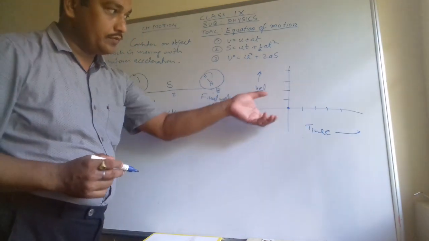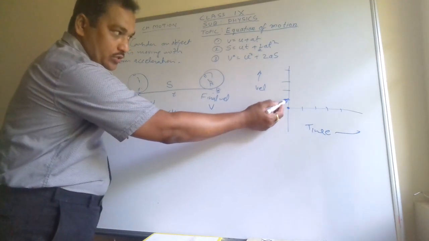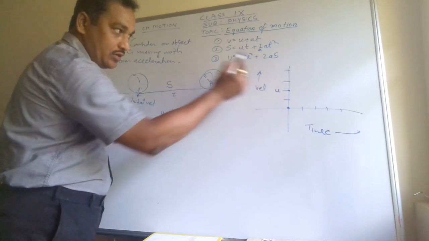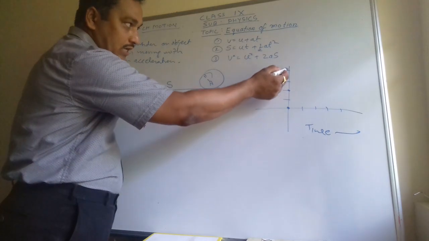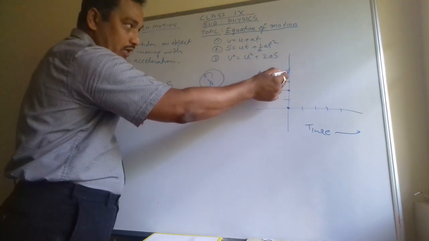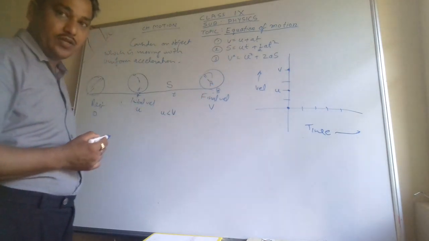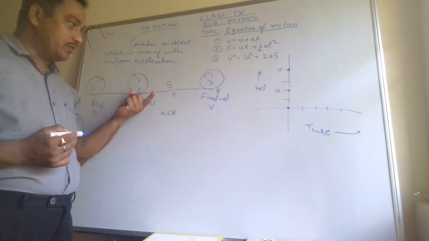This is positive x, positive y. Now as the velocity is not 0, let us consider this much is the initial velocity the object was moving with on the graph. Similarly, it has reached another point. Say this is the final velocity the object has reached. How much time is it taking?